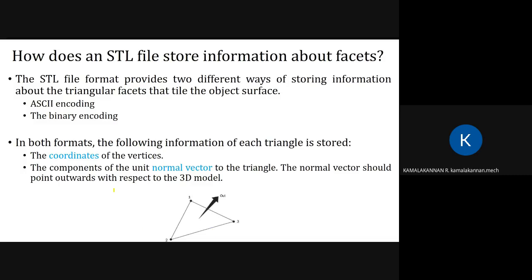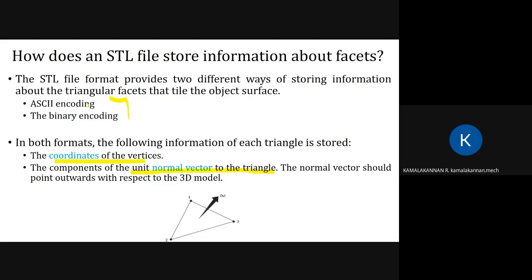In both ASCII and binary encoding, both need the coordinates of the vertices and the unit normal vector of the triangle. These two data are necessary for both types of STL file. Okay, this is common data, but think how it differs.